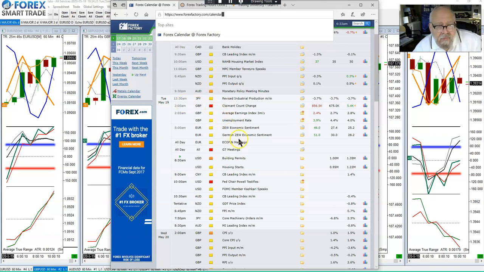That's already been accounted for in the market. What we've got coming up is at 10 a.m., the U.S. Fed Chairman Powell testifies. That might impact the dollar.